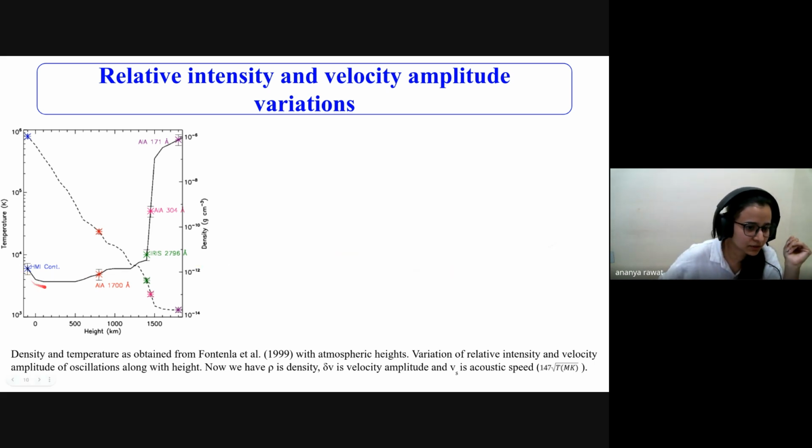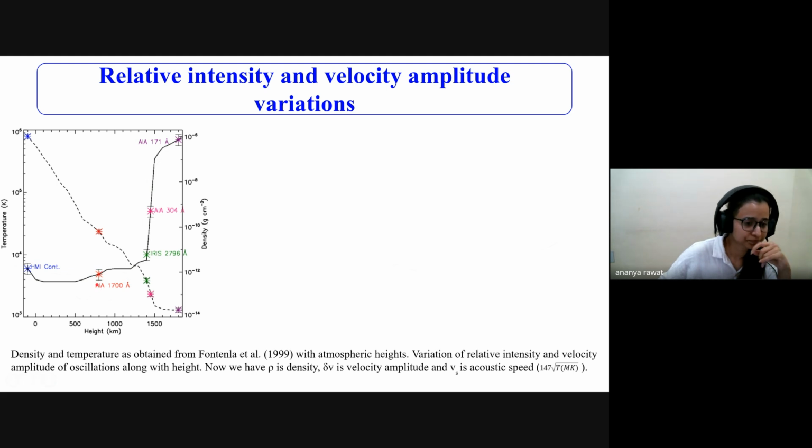This line is from the Fontenla sunspot model, and now we know the temperature at which these passbands' contribution is maximum.